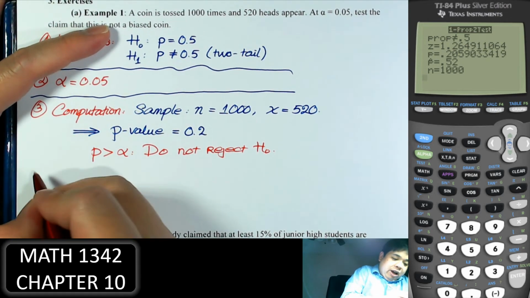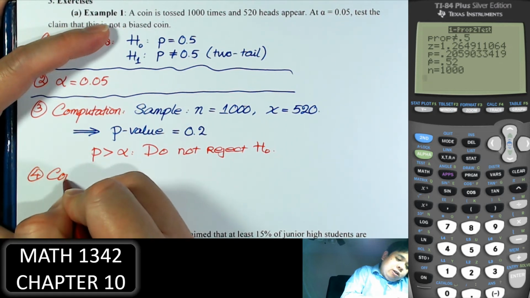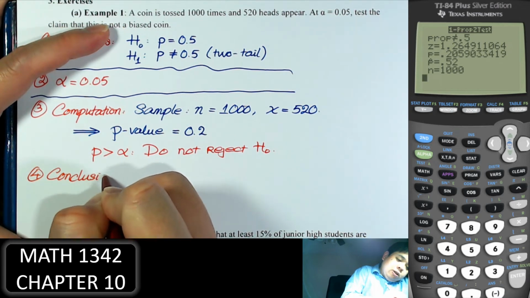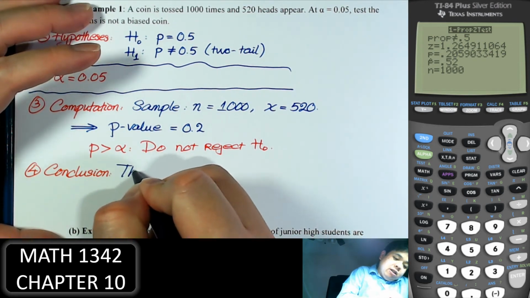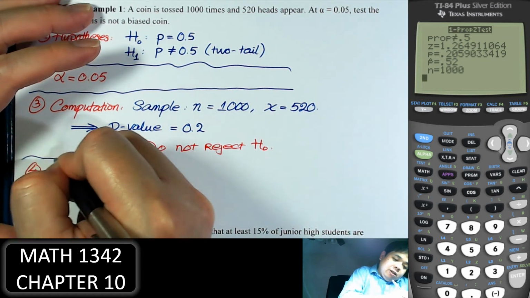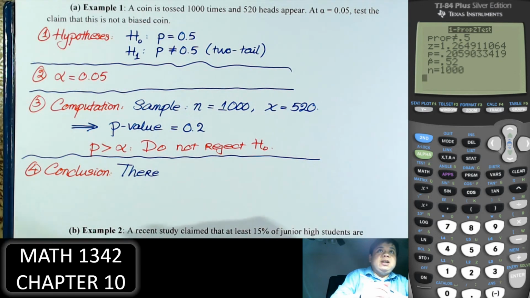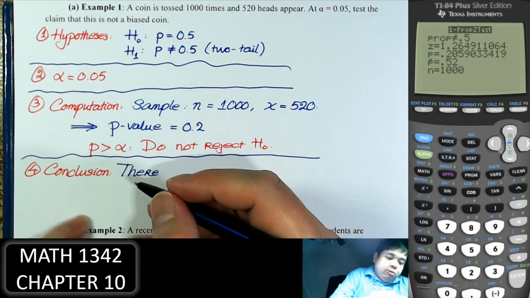And then we have the conclusion. There is not enough evidence. Yeah, so if we have a calculator, that's all we write.